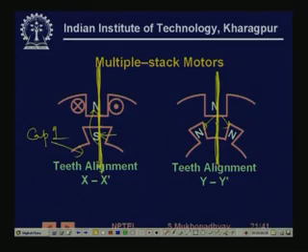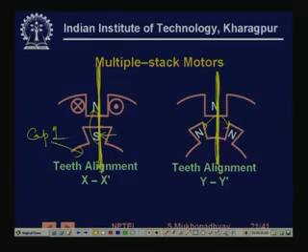They will try to be at the maximum possible distance, so it will align with the slot. Next time you make this one S and this one N, and just the opposite will happen: this N will get pulled in and aligned with the tooth.